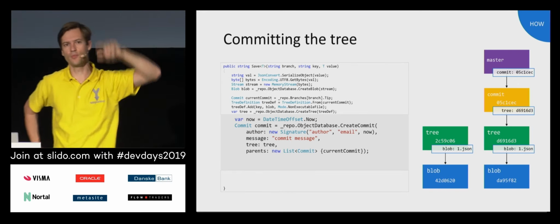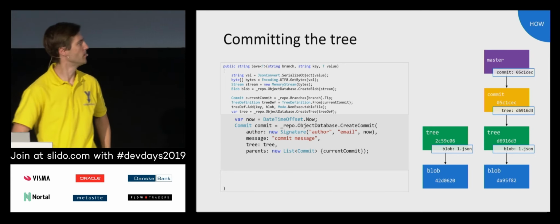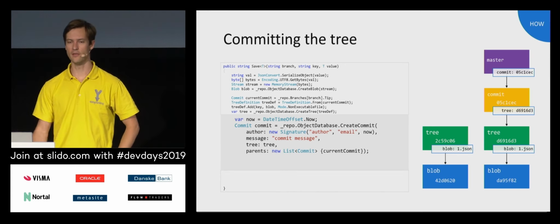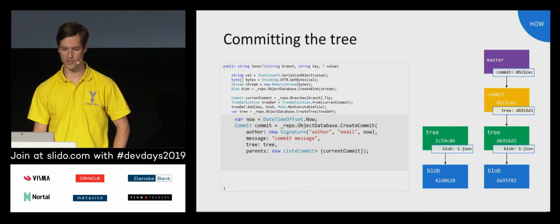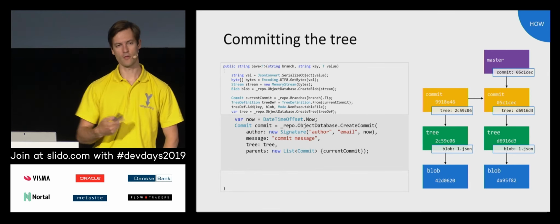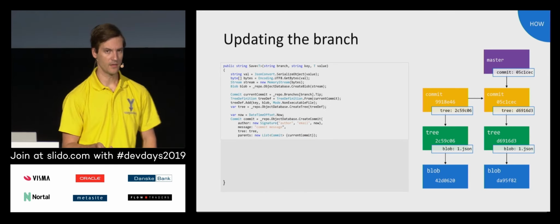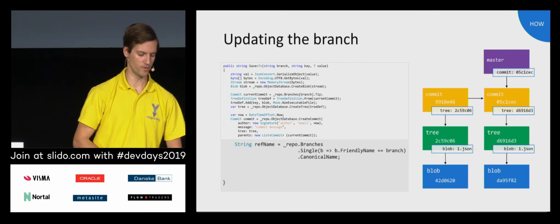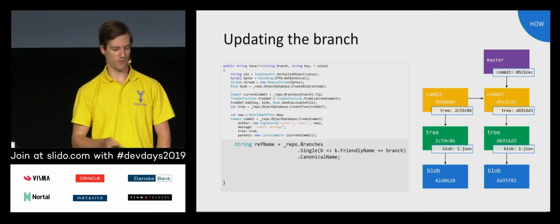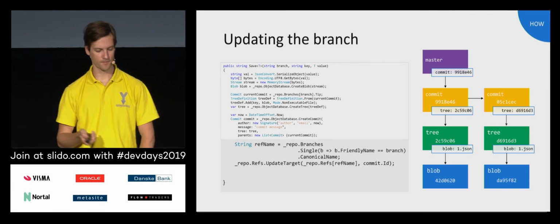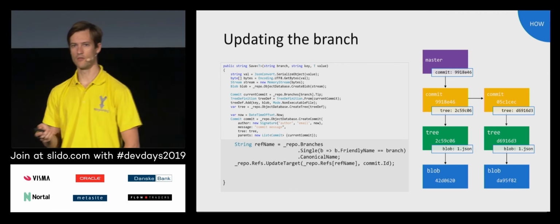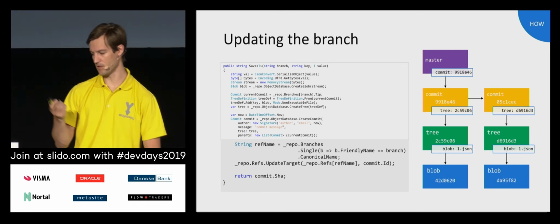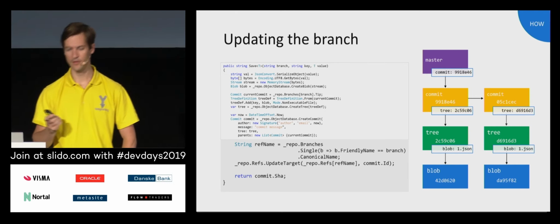You could have multiple ones in cases where you do merging, where you have multiple parents. So I write a commit, and then lastly I need to move my branch pointer to the new one. So I get that reference, and then I update the target to point to that one. And lastly I'll return the hash.